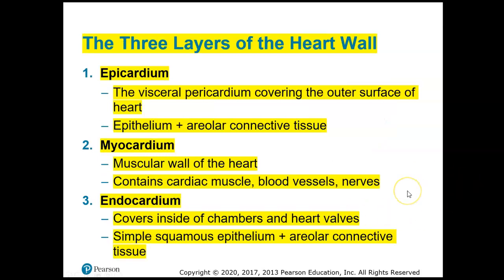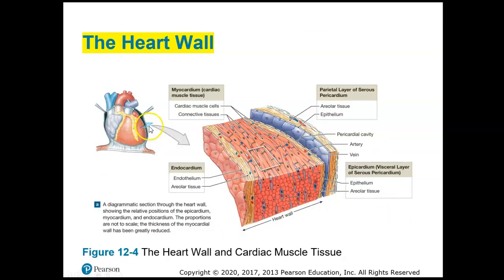The heart wall, if you were to cut into the heart muscle tissue, you would cut through the outer portion of the heart wall, and then the middle, and then the inner, the lining of the inside of the heart. So you're going to see the parietal layer of the serous pericardium, the parietal pericardium right here. And then you're going to see the visceral pericardium, which is actually the epicardium, and that will be the outer portion of the heart wall.